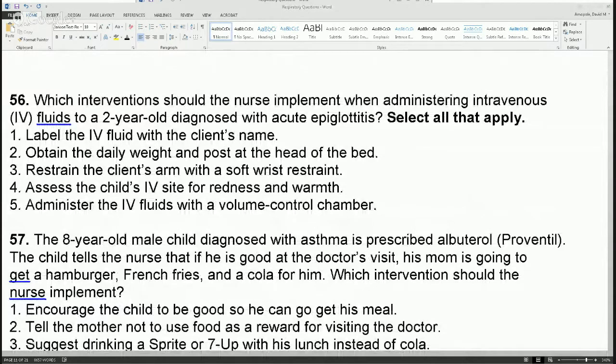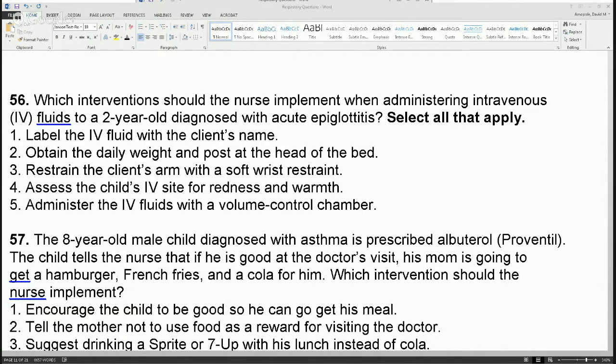All right, Jeff. Which intervention should the nurse implement when administering IV fluids to a 2-year-old diagnosed with acute epiglottitis? Select all that apply. Well, you are supposed to label all their fluids with their name.